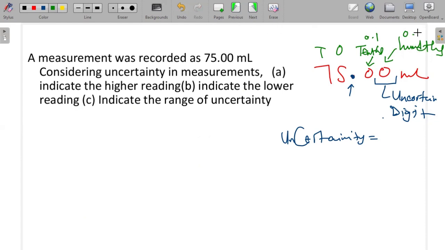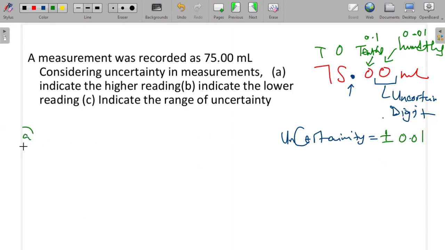In fact, 10 is going to be 0.01 like this. So it means the uncertainty, based on the position where this uncertain digit is, is just going to be 0.01 like this. I forgot the plus or minus in front. So plus or minus 0.01.